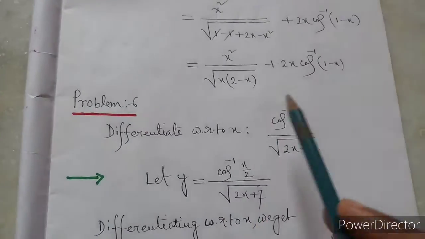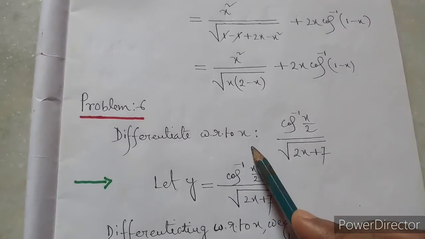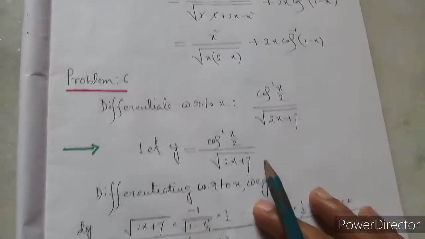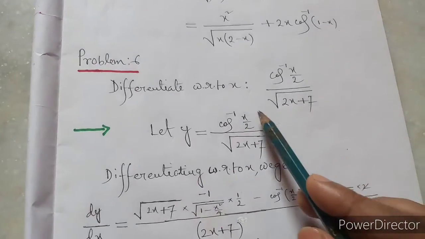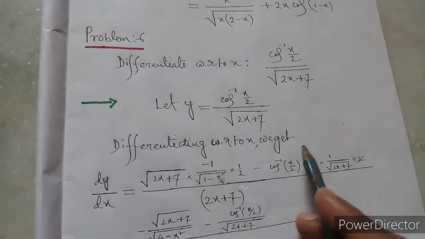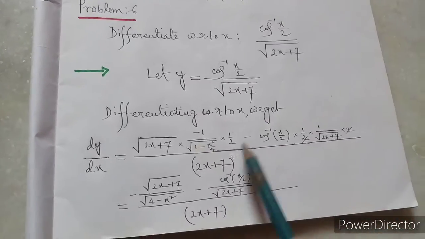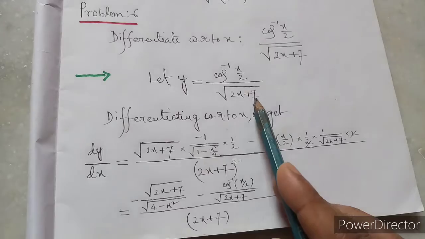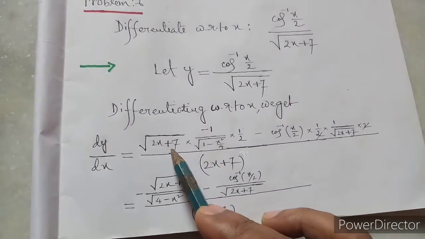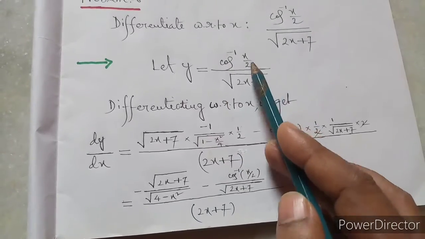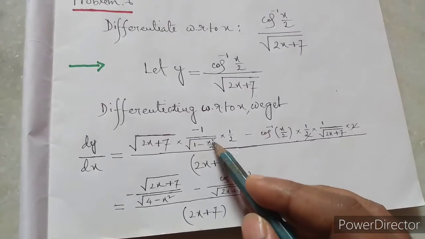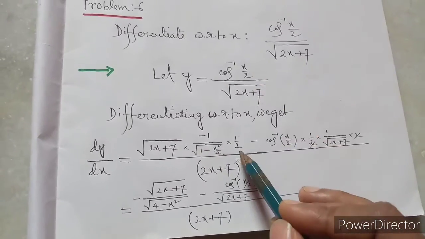Now problem number 6, differentiate with respect to x cos inverse (x by 2) by root under (2x plus 7). So let y equal to cos inverse (x by 2) by root under (2x plus 7). Differentiating with respect to x, we get the u by v formula. So v square means root under (2x plus 7) whole square, that means only 2x plus 7. So root under (2x plus 7) is constant and the derivative of this one means minus of 1 by root under 1 minus (x by 2) whole square, that means x square by 4, into the derivative of x by 2, which is half.